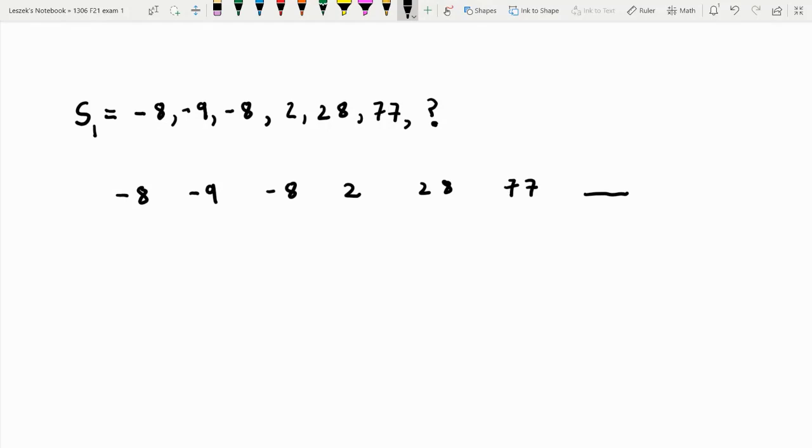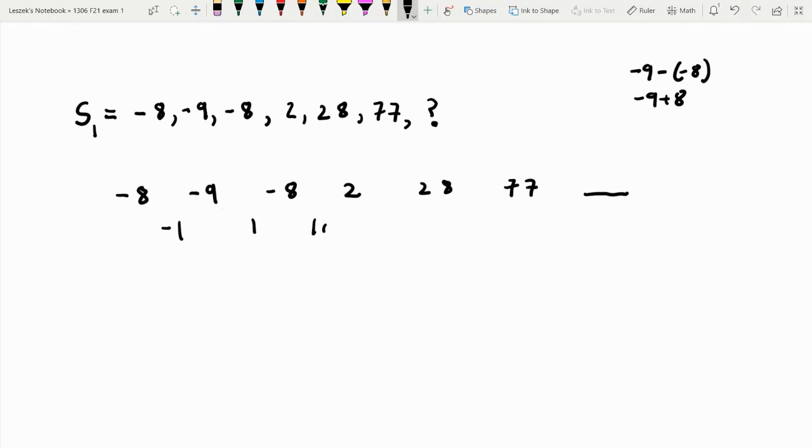And so you take differences, right? So you go, well, -9 minus -8. It's the first difference. So one term minus the preceding term. So you get -8 plus -9 plus 8. So that's -1. And then you get -8 minus -9. So that's 1.